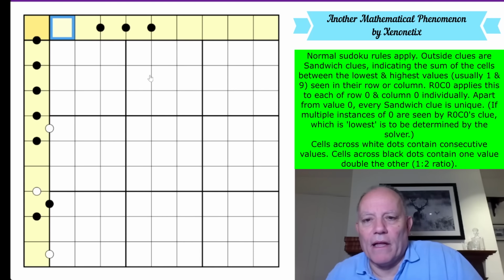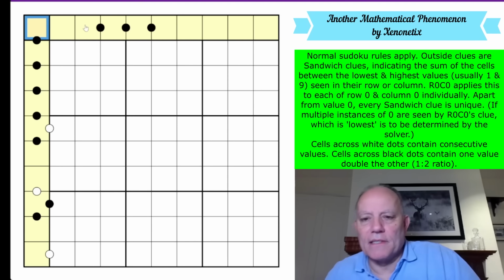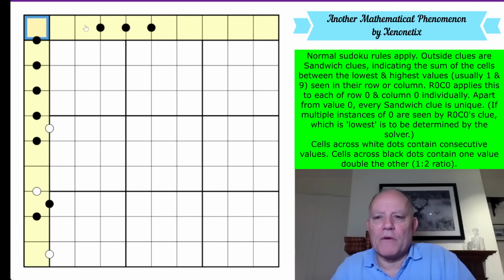It's a little bit alarming at the moment, but let's see where we go. If multiple instances of 0, oh no, hang on, I've missed. Cells across white dots contain consecutive values and cells across black dots contain one value double the other, 1:2 ratios. Okay, that's normal enough. If multiple instances of 0 are seen by row 0, column 0's clue, which one is lowest is to be determined by the solver.